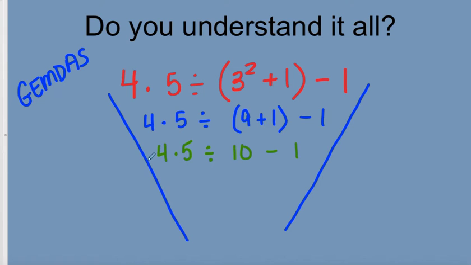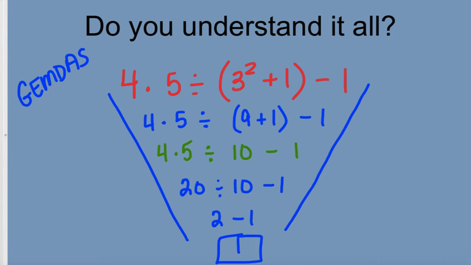Okay, now multiplication and division, I work left to right. So multiplication comes first, which is going to give me 20 divided by 10 minus 1. Then I move on to the division. So 20 divided by 10 is 2, and then 2 minus 1 gives me 1. And there's my answer. Remember, working vertically and down step by step like a tornado.